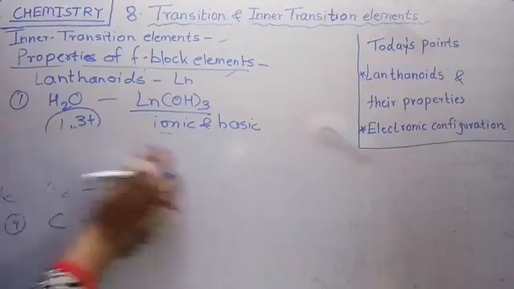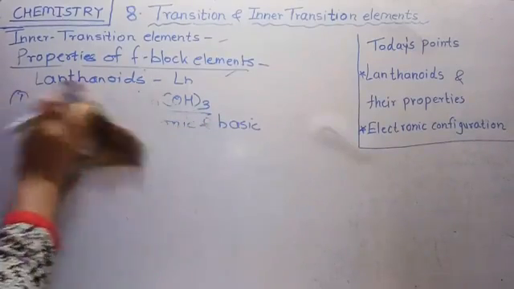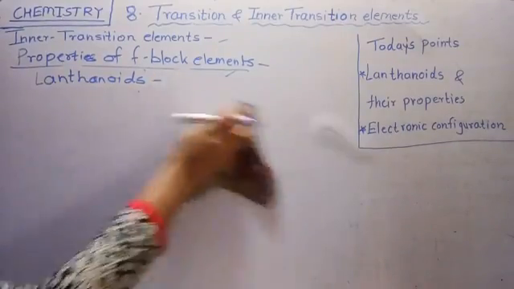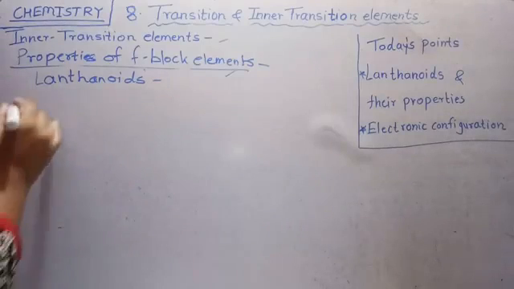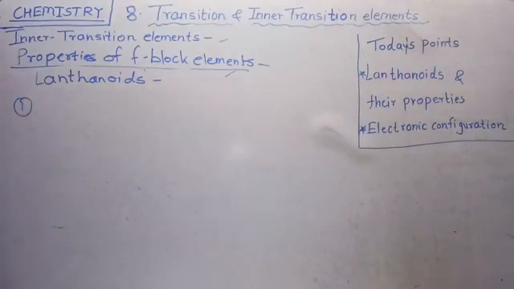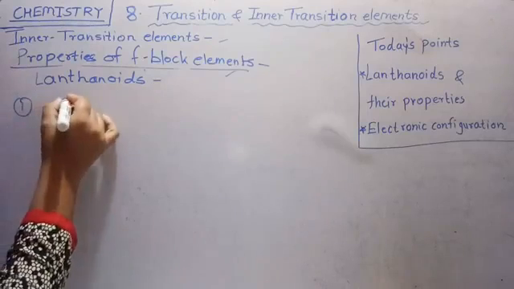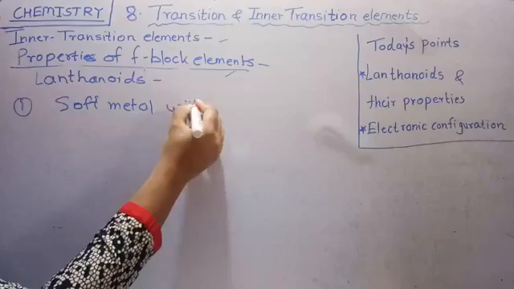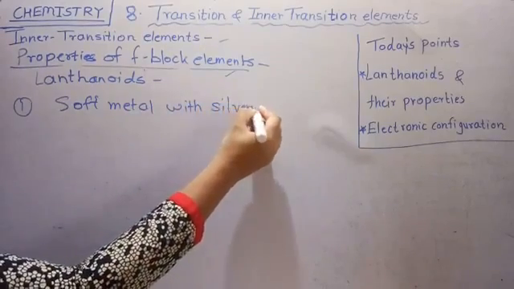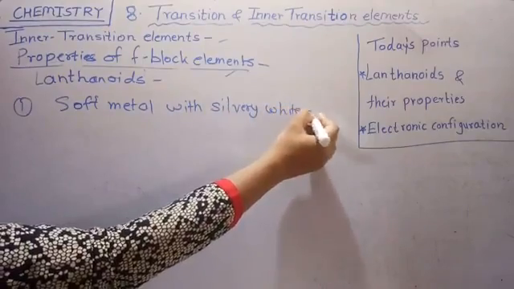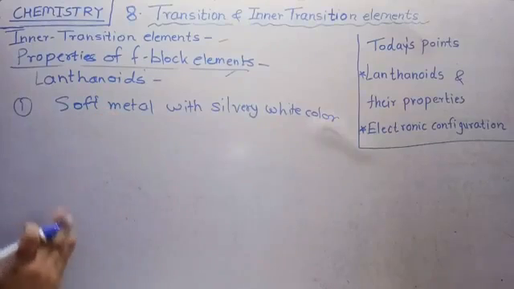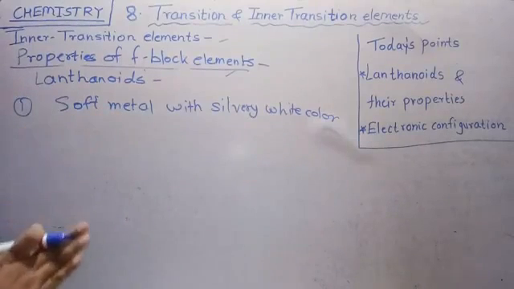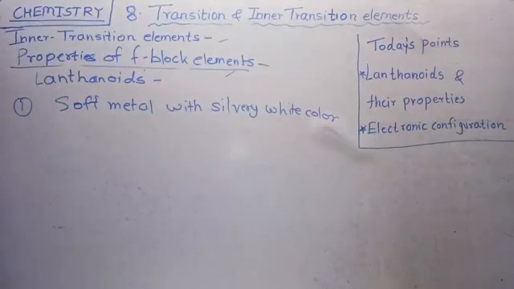Then there are again some properties of lanthanoids given. The first one: lanthanoids are soft metals with silvery white color. When these lanthanides are exposed to air, their shine goes on reducing.